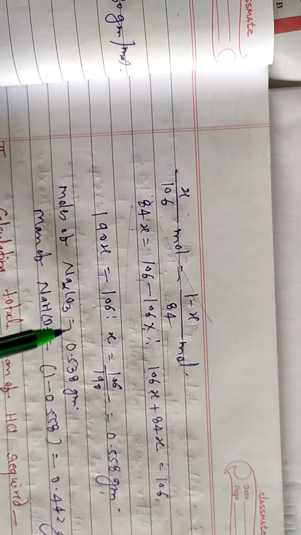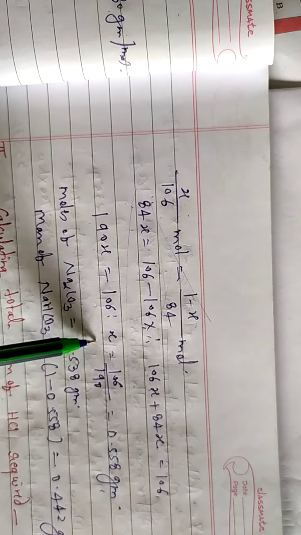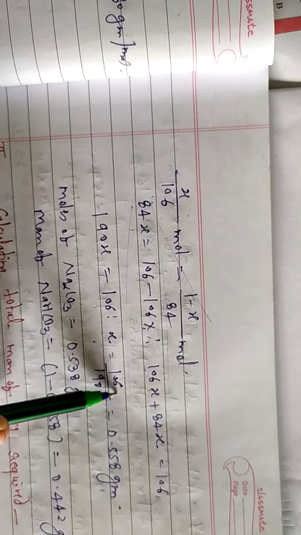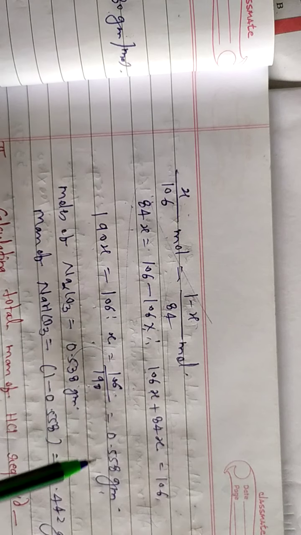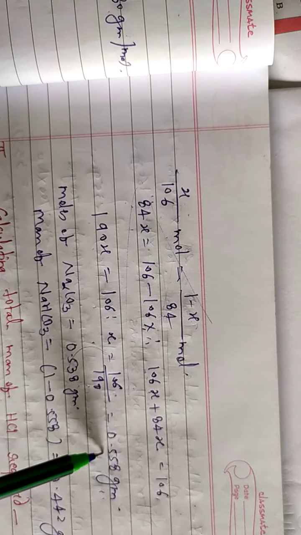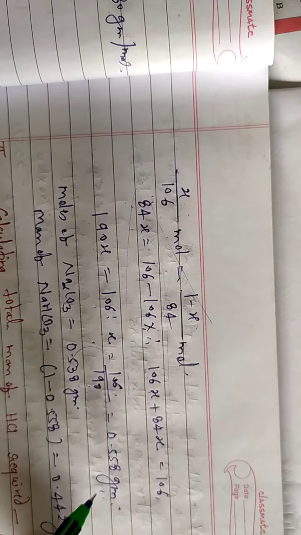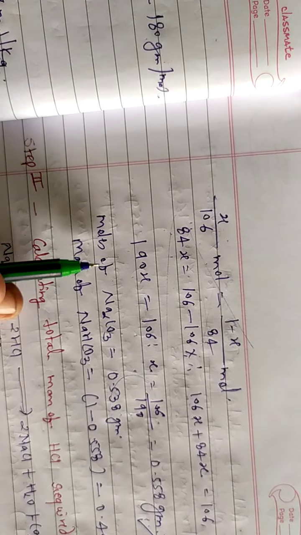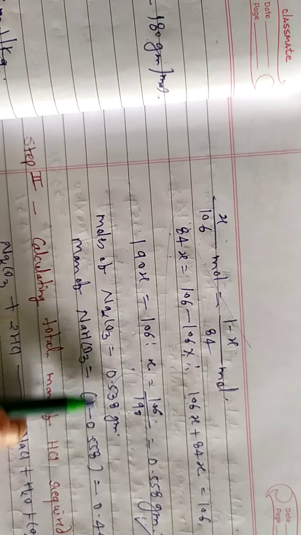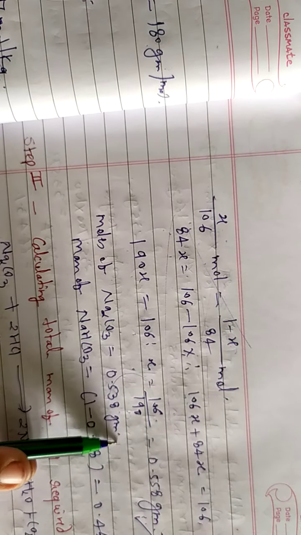From here, x is equal to 106 upon 190. So after calculation you will get the answer 0.558 grams. Students, you also calculate and check the answer. So the mass of Na2CO3 is coming 0.558 grams.